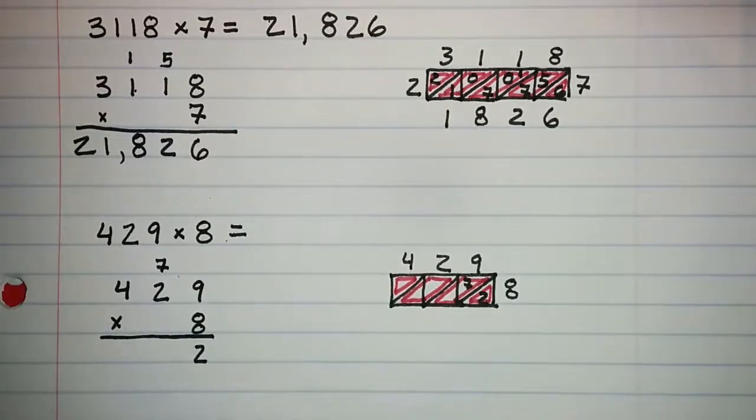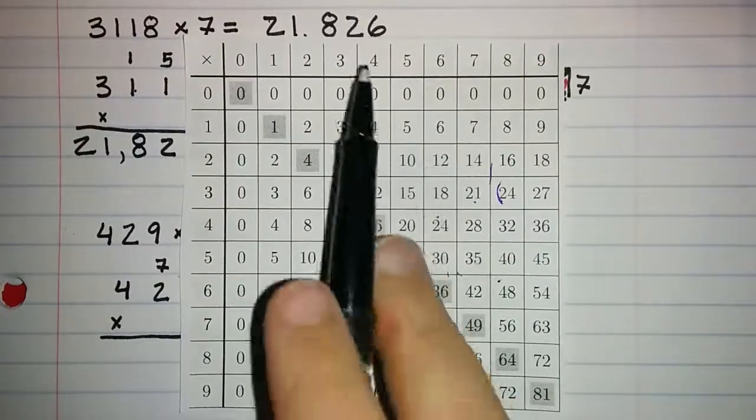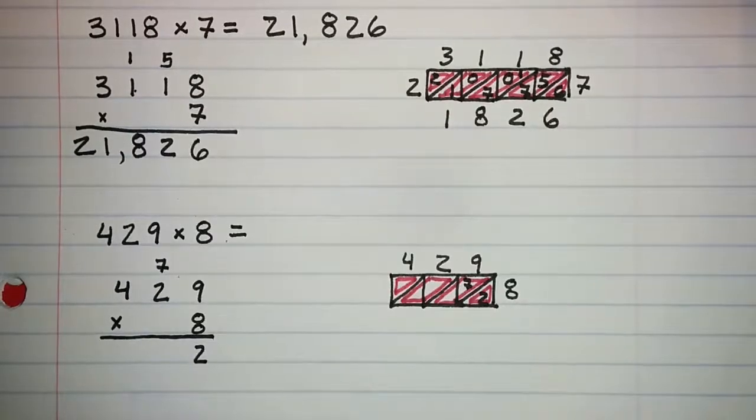Next place, I'm going to multiply 8 times 2. 8 times 2 is 16. Here I write down 16. I'm going to fill in the places also as we go. And then I'm going to add 7 plus 6 and get 13, right? So I'll carry the 1 and write down the 3.